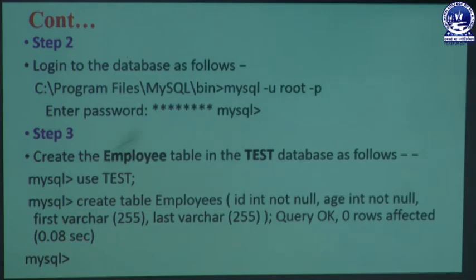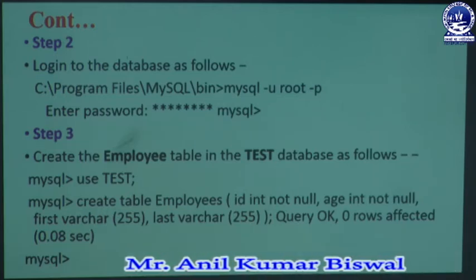Then the user creates a table with create table, table name employees, and that table contains some attributes. The first attribute is declared as id, its type is int, and it should be not null. That means this id should never be null, that is, never empty.